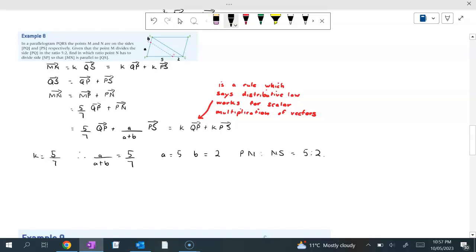Now, what's helping us say that is this idea that for every vector, there is only one linear combination of two or more vectors.